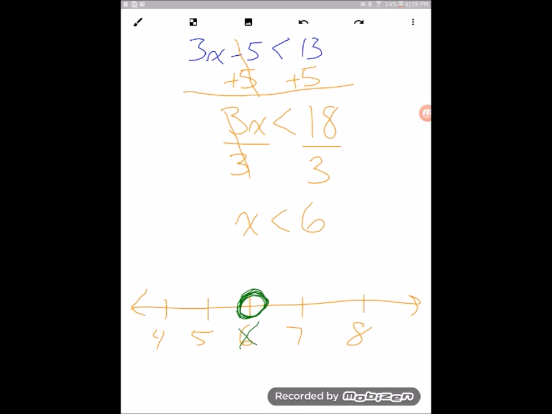That means the 6 is not going to be a solution. But if x is less than 6, that tells me that every value on this number line that is smaller than 6 is going to make this a true statement. In this case, since I've got an open circle not including the 6, every number that is smaller than 6 will make it true. We're going to try one more.